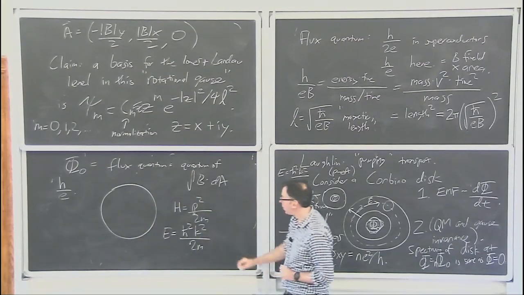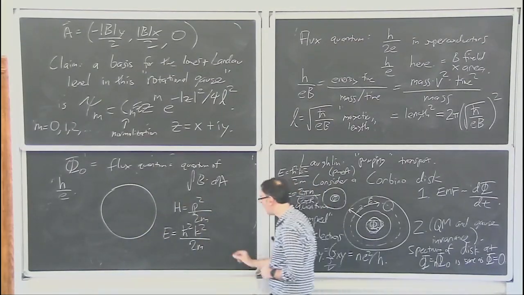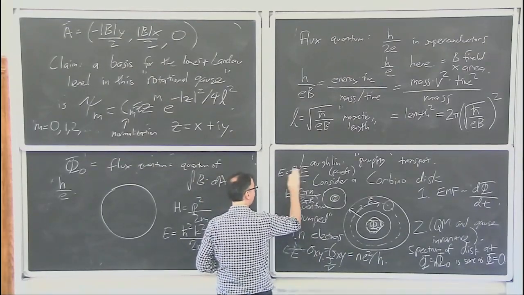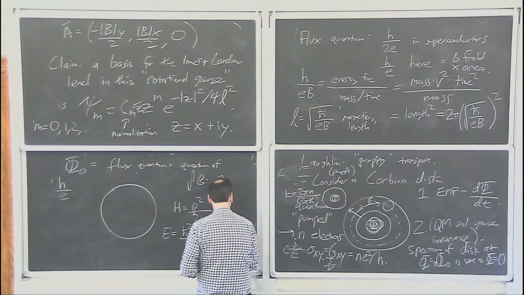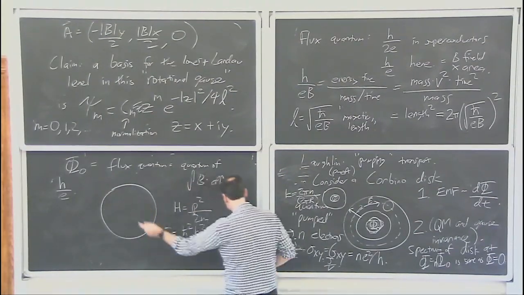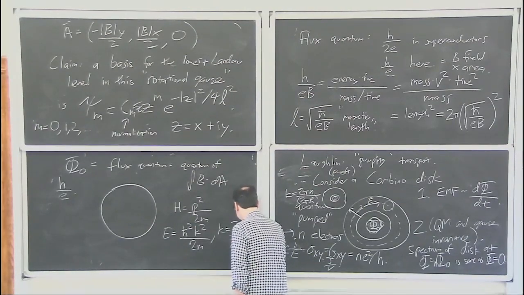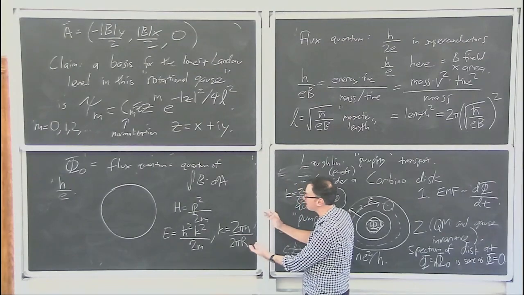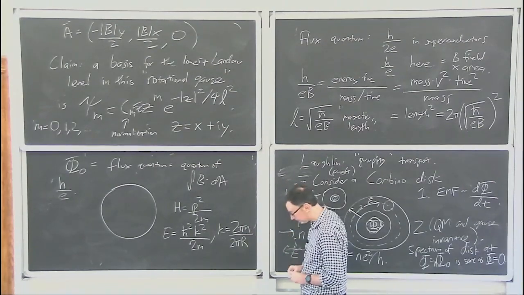And the effect of being on a ring is that k is quantized. k will have to be what I wrote over here, 2 pi n over the circumference, which is 2 pi r. So in other words, the fact I was on a ring, that's like periodic boundary conditions, so I quantize k.